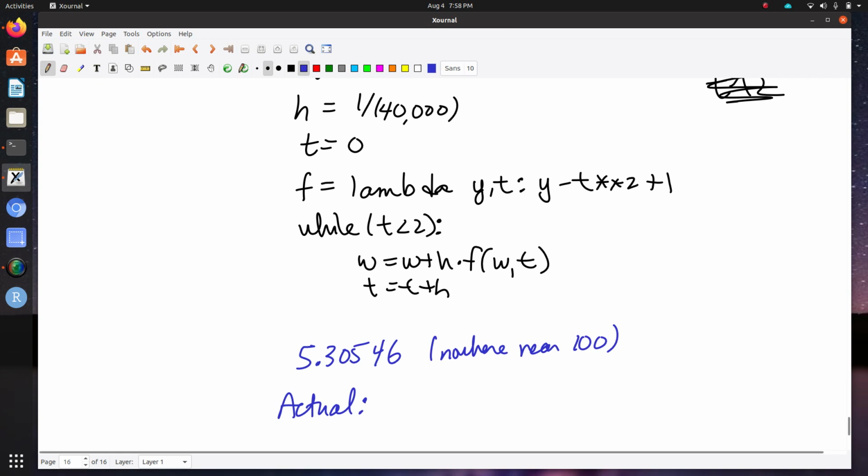If we calculate it, because we happen to know y is equal to (t plus 1) squared minus 1/2 e to the t, so if you figure that out, it's 5.30547. So we're good all the way up to, let's see, 5 digits, like 5.5 digits. So I'm happy with that.